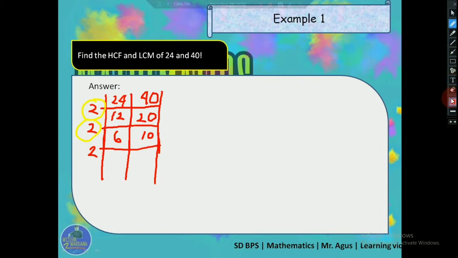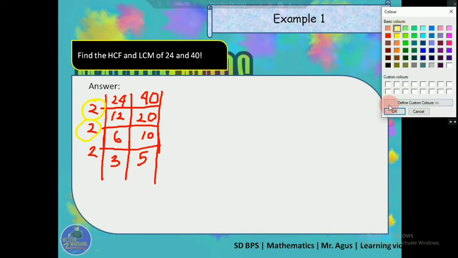So the answer will be 3 and 5. Remember to give another color to the prime numbers you already used to divide both of them.